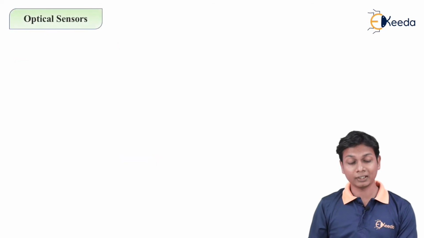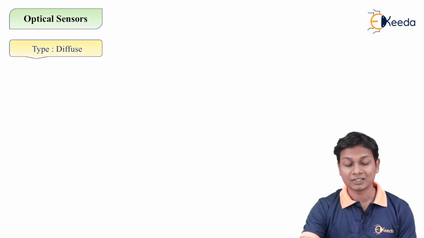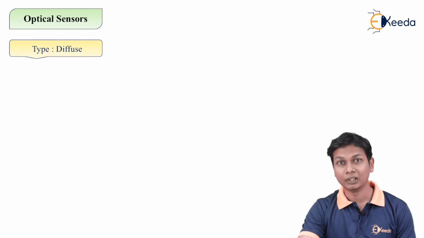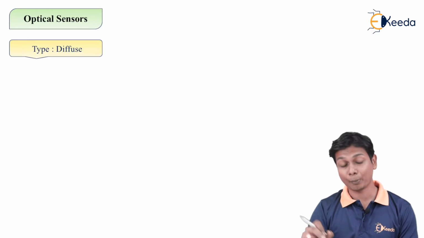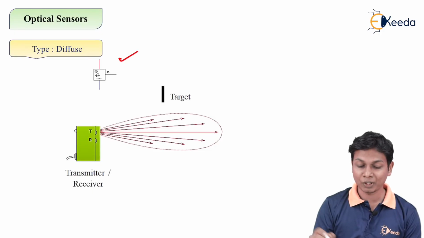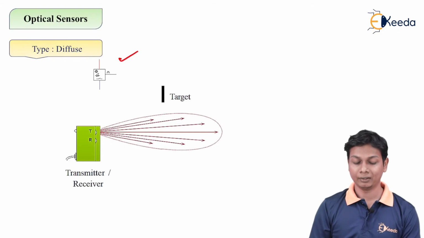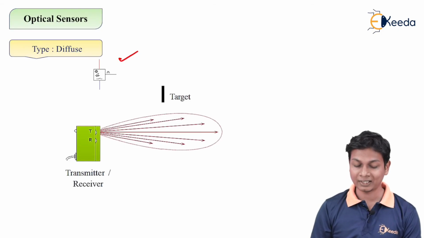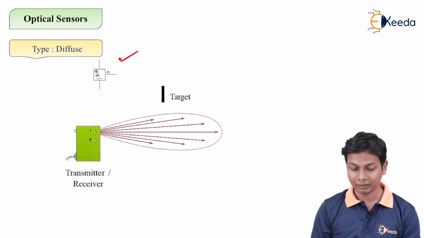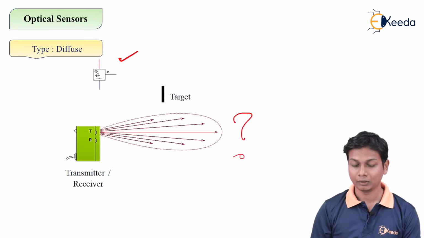The next type is called diffuse. In the diffuse type of optical sensor, we have the same symbol we have seen. Here the signal is transmitted as well as received in the same way, but the reflector is missing.